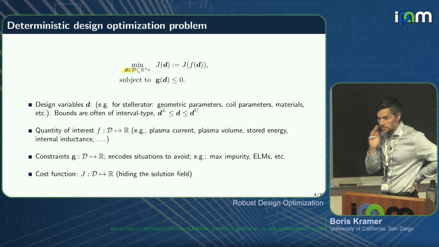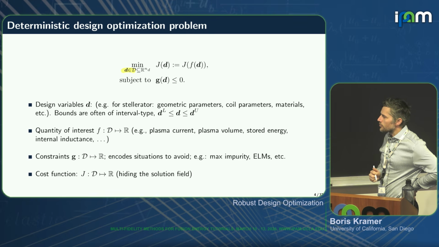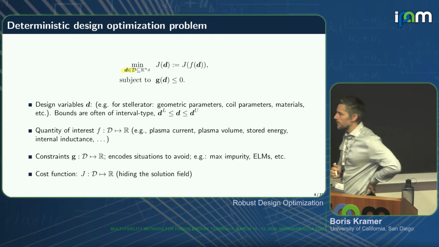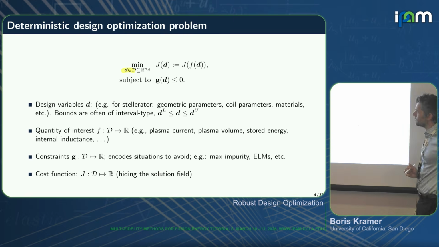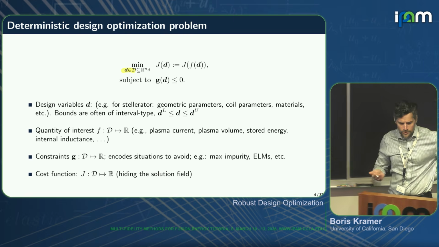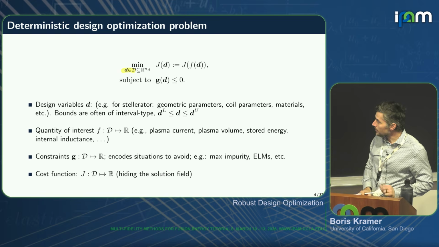Those might be things you want to minimize or maximize, depending on how you choose the cost function. Constraints, all kinds of things you could loop in there, and of course you have a cost function itself that you're trying to minimize. That is a function of the quantity of interest, or maybe of a few quantities of interest. Okay, so that's the deterministic problem.